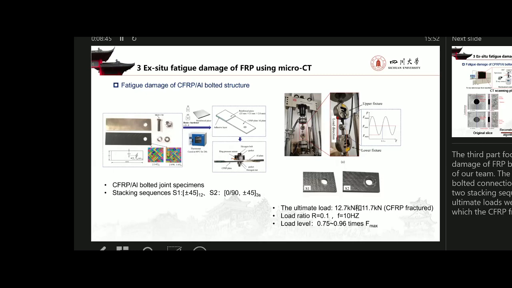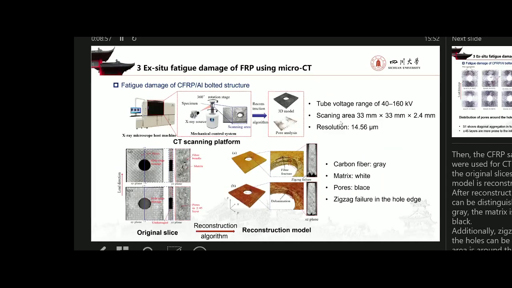At first, we also test the ultimate load, and then we get the S-N curve, and then we scan the FRP after the fatigue load around the hole. The resolution is 40 micrometers, and we can see after the fatigue load there are zigzag failures, and we can also segment the carbon fiber, matrix and pores.